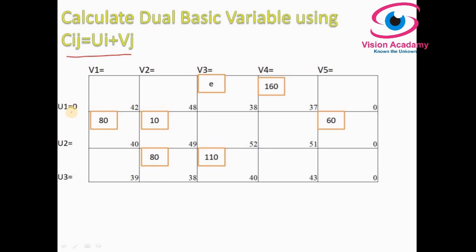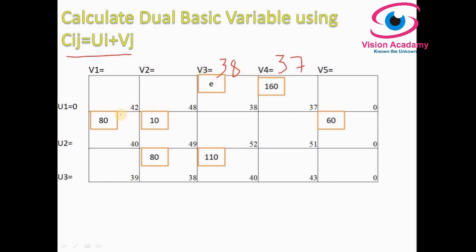Again I am starting with u1 equals 0, and here there is no allocation, here there is an allocation. 0 plus 38 equals 38, so 0 plus 38 equals Cij, and here 0 plus 37 equals Cij. So v4 must be 37 because u1 is 0, and u1 plus v4 is 37.